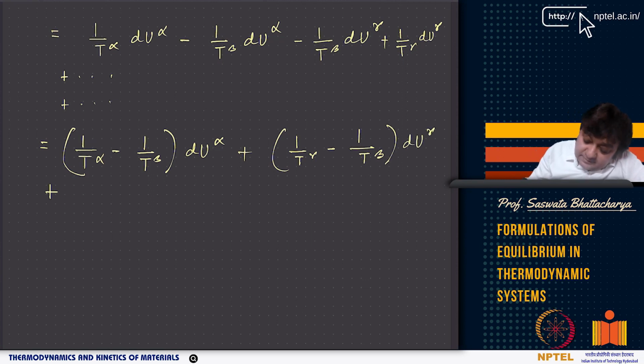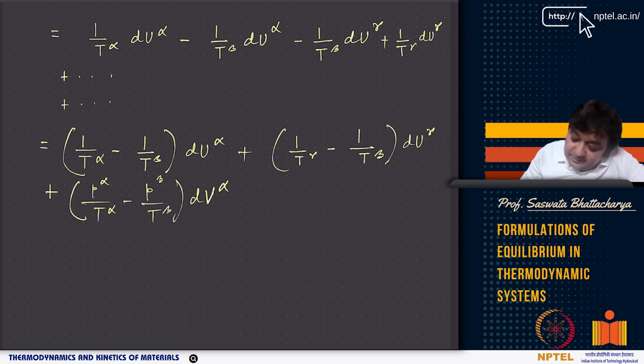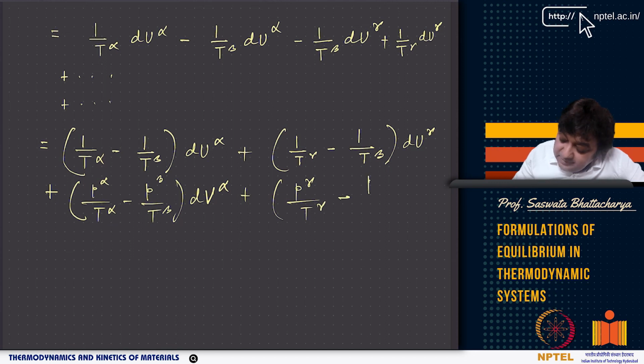Similarly we can write (P alpha by T alpha minus P beta by T beta) dV alpha and (P gamma by T gamma minus P beta by T beta) dV gamma.